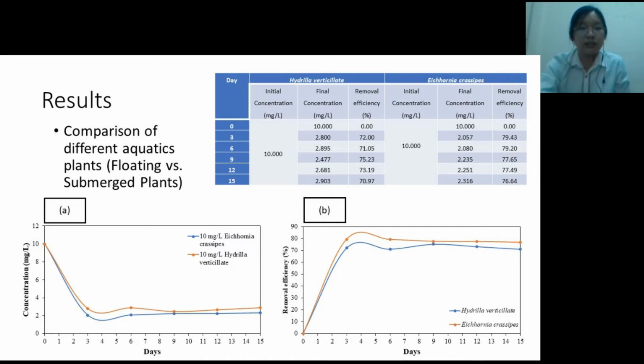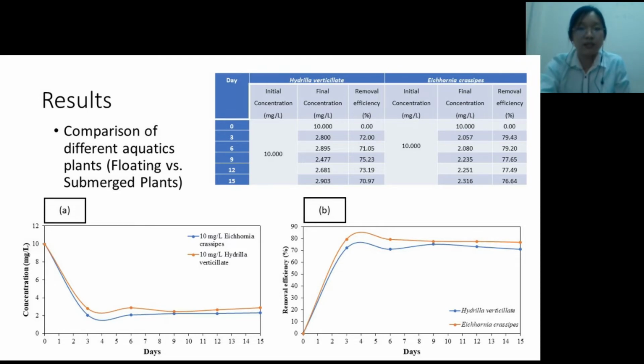Based on the result obtained, it can be clearly seen that the overall removal efficiency of copper-2 ions by Echonia crab, which is 76.84%, is higher than Hydrilla, which is 70.97%. This may be due to Echonia crab having a longer and hairy root system that is able to increase the potential to scour copper-2 ions.